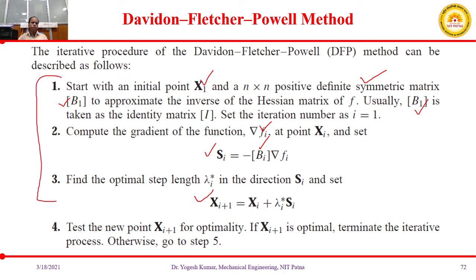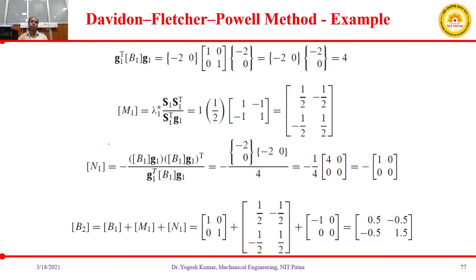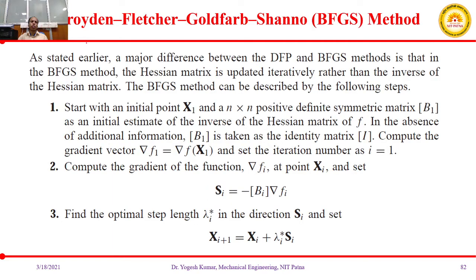So the initial 3 steps are going to be similar in today's discussion of the Broyden-Fletcher-Goldfarb-Shanno method, which is also known as the BFGS method. In this method, in the initial steps you calculate the gradient of the function, and you are given the B matrix, a symmetric matrix.